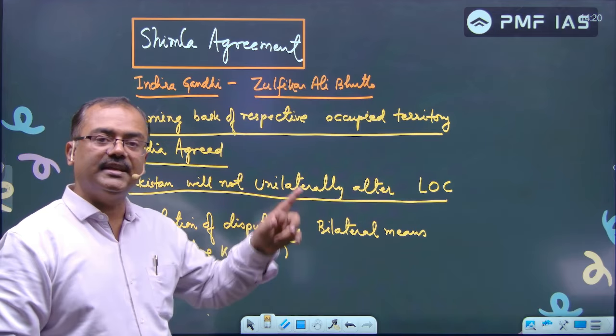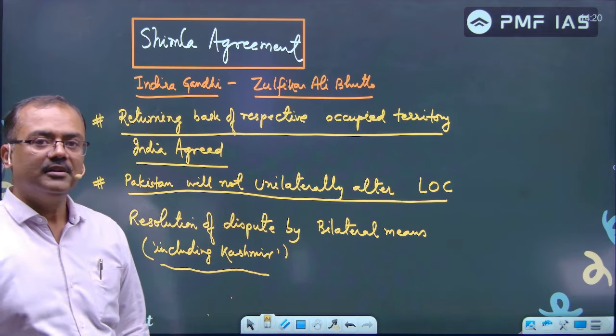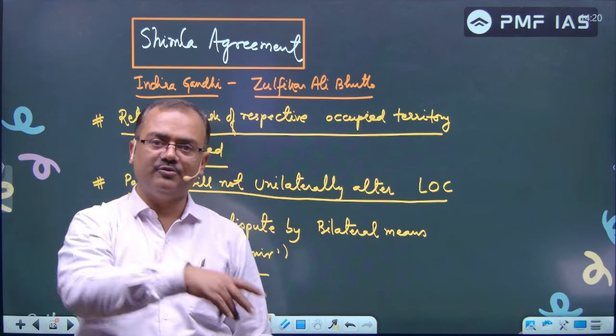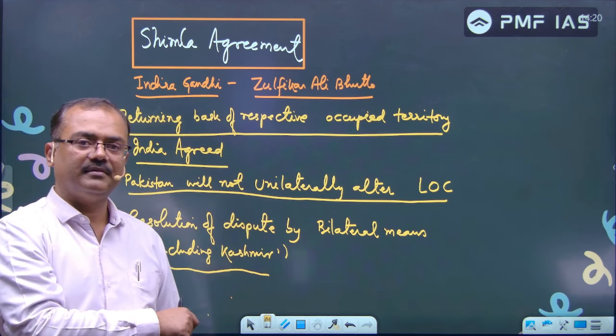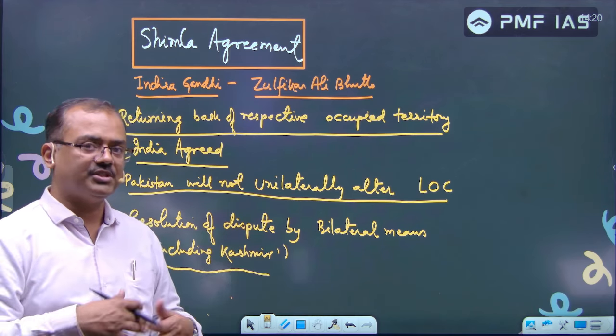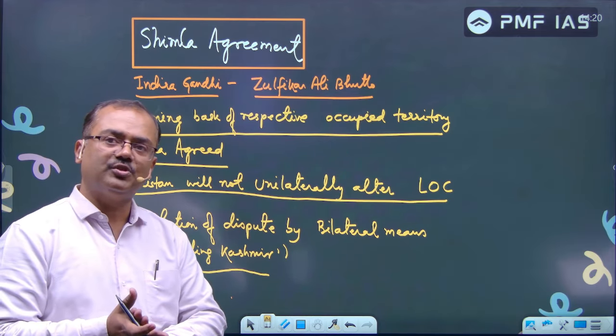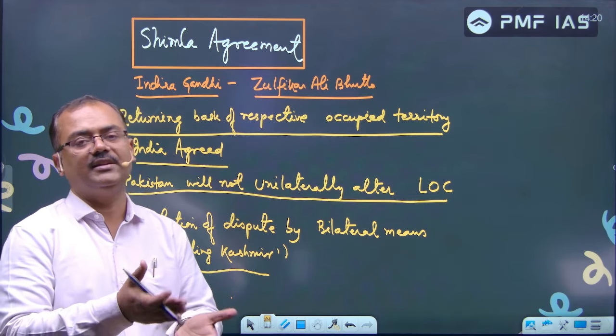Pakistan can't say UN, UN observers. So all UN observers who came to Kashmir lost their relevance. Any office of the UN in Kashmir lost its relevance after the Simla Agreement, because now on the Kashmir issue also, India and Pakistan will sit together and resolve issues.